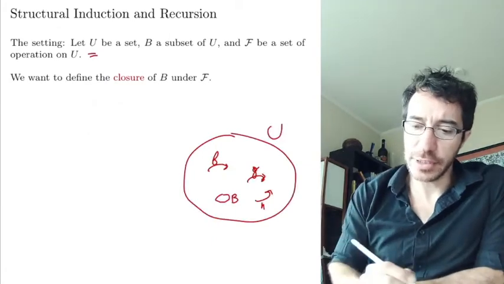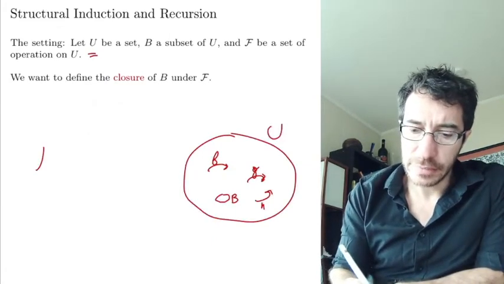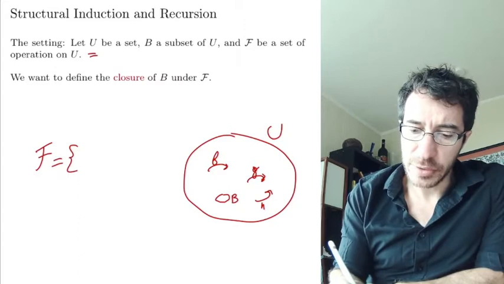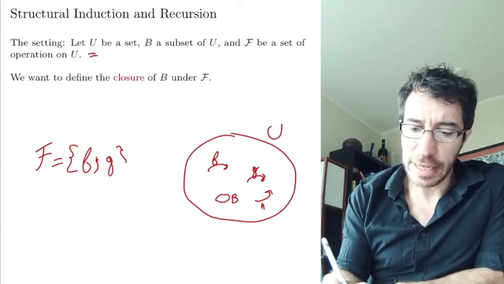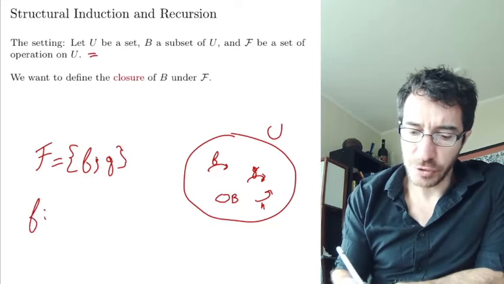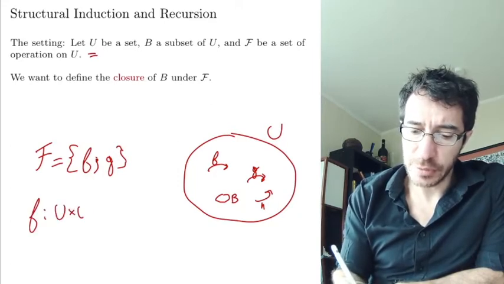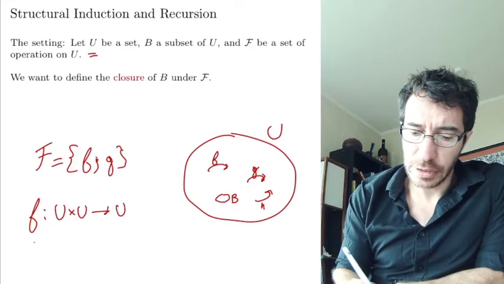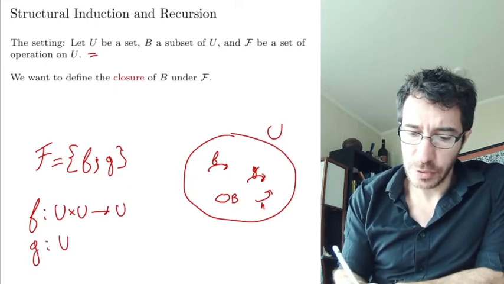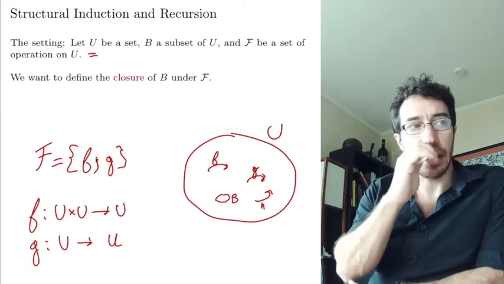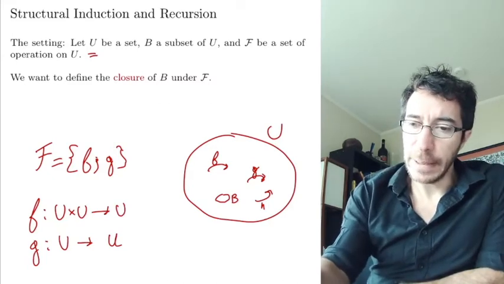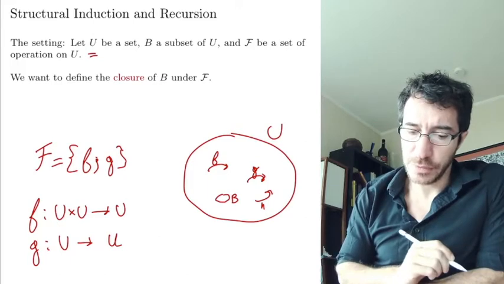Yeah, so for instance, we could have that F has maybe two operations, F and G, and that F goes from U times U to U, and G goes from U to U. When we say operation, we don't mean a function. An operation can take many inputs, right?